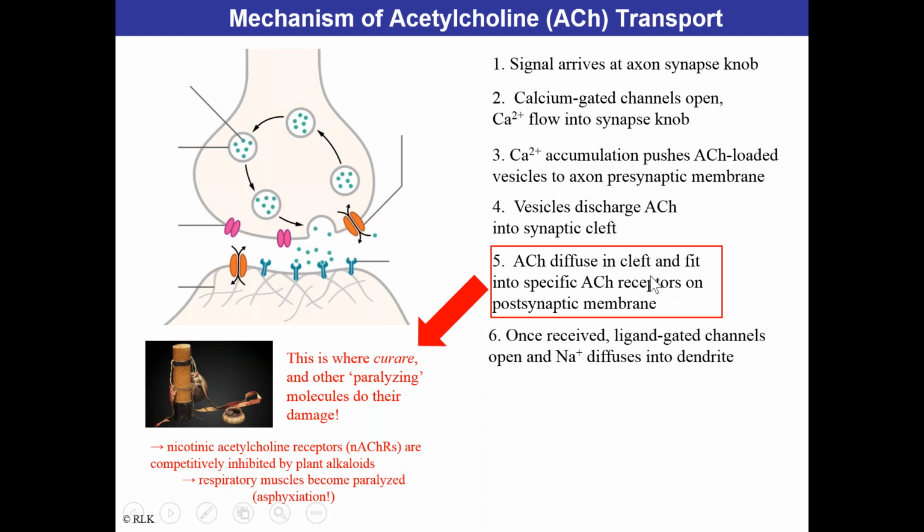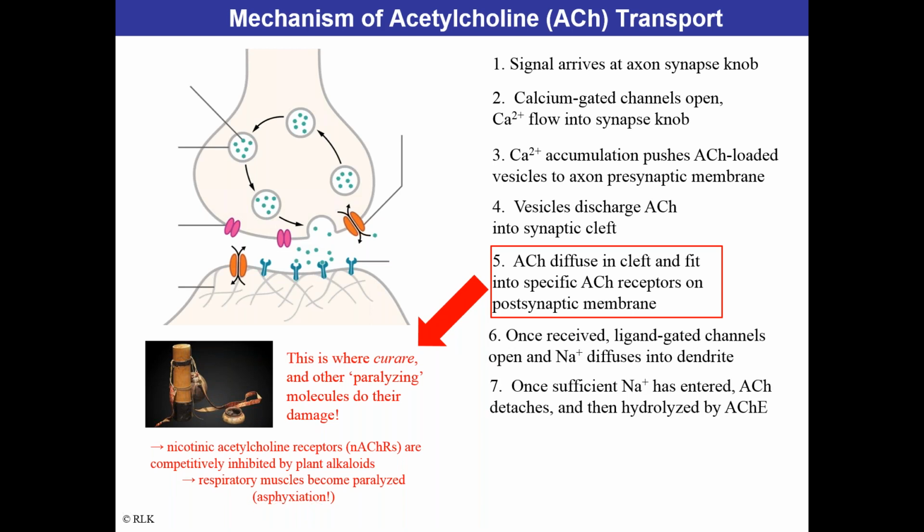Anyway, so let's assume that there is no plant alkaloid in there that's going to interrupt the collection, or the reception, I guess, of those acetylcholine neurotransmitters. And let's move on from 5 to 6. So we're going to assume that, again, the receptors receive the acetylcholine. Once received, the ligand-gated channels open and sodium ions then diffuse into the dendrite. So now we have a different cation.